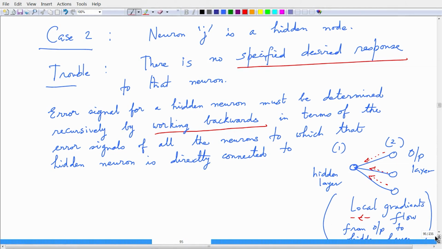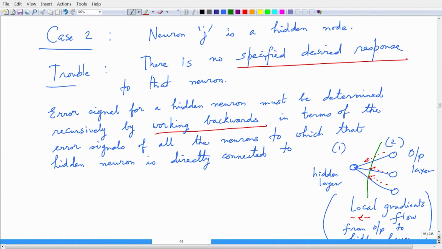If you recall, from the output neurons you have error signals that flow backwards from the output layer to the hidden layer, and you have to compute the sum of all the local gradients that are scaled by the synaptic weights connecting all the neurons in the output layer to a particular neuron in the hidden layer.